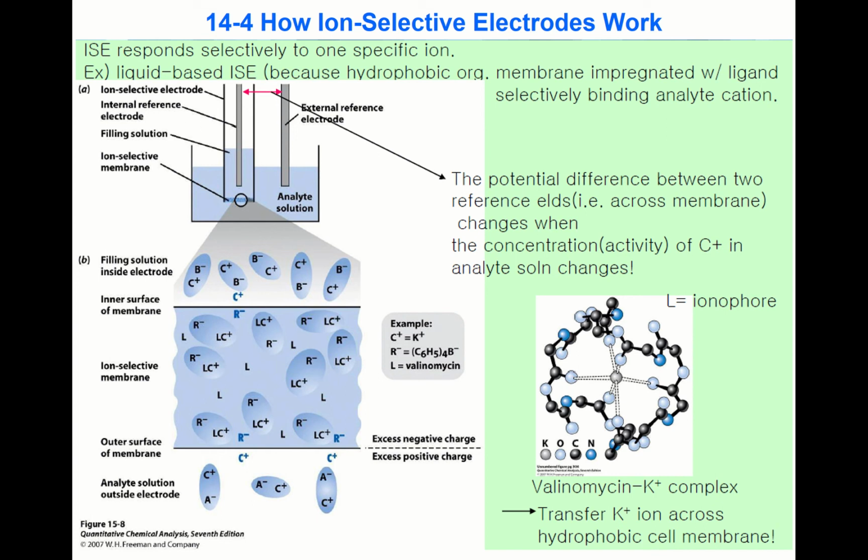Do you understand? So if you want to measure a specific ion, for example, ion A in a solution, you also have to have that ion inside this ion selective electrode. And you have to prepare this membrane impregnated with the ionophore.